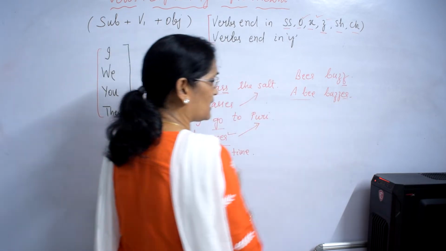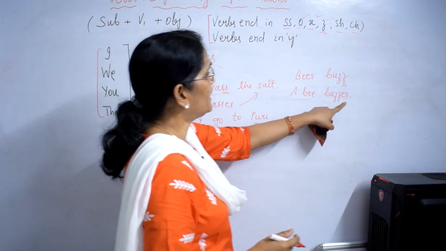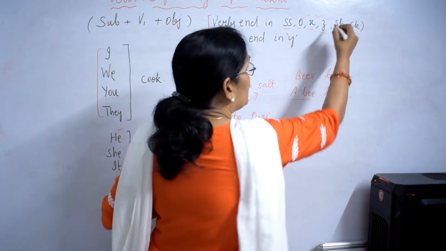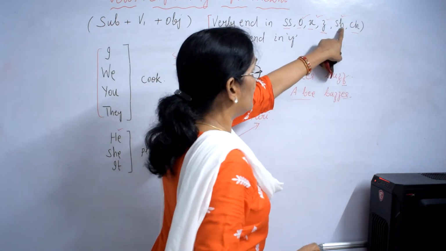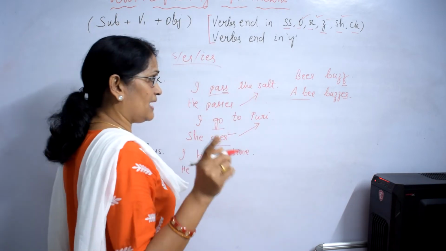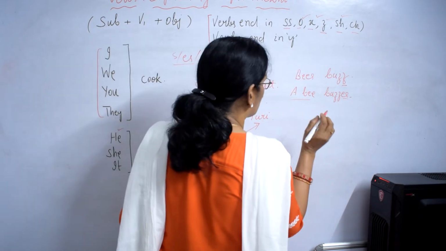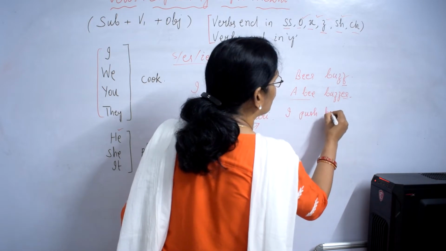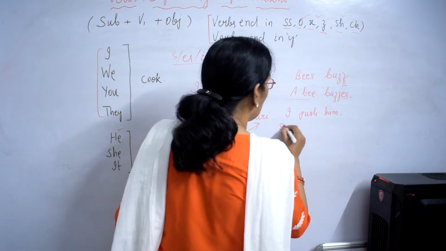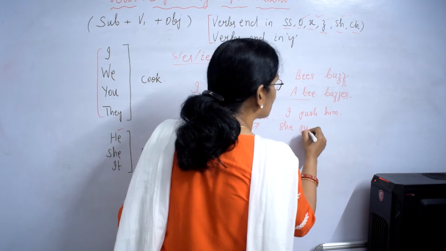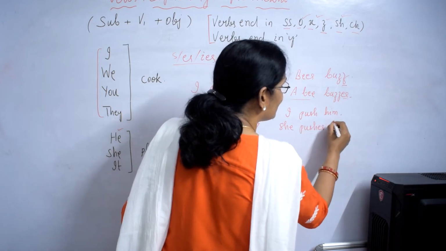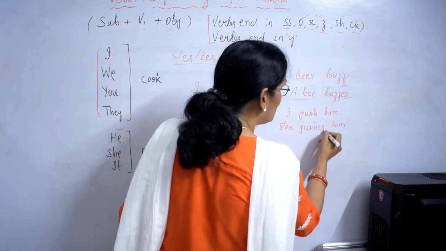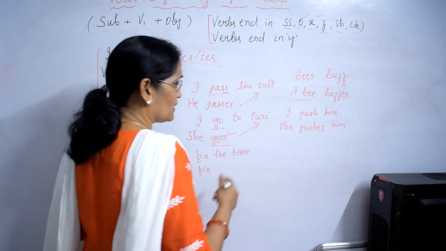If the subject is third person singular number, we add es in the verb. Then sh: what is push? I push him. She pushes him. Pushes, es added, right?